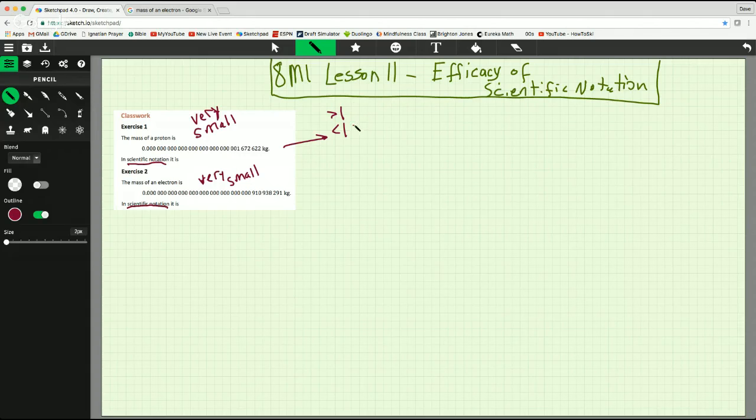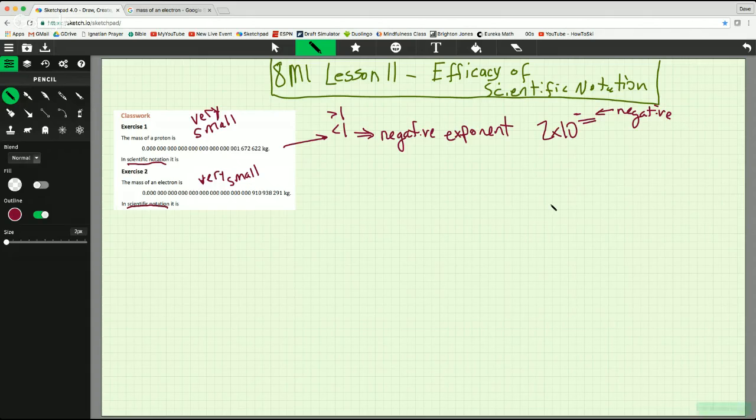We know that because these numbers are less than 1, they are going to have a negative exponent. So when we convert these into some number like 2 times 10 to the something, this number up here is going to be negative.